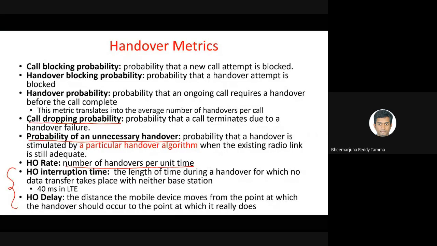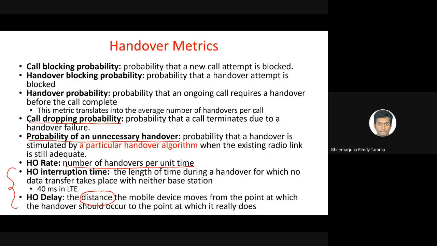There is also another metric, that is handover delay. Here the delay is not defined in terms of time, it is defined in terms of distance. What is the meaning of handover delay? It is the distance the mobile moves from the point at which the handover should occur to the point at which it finally took place.